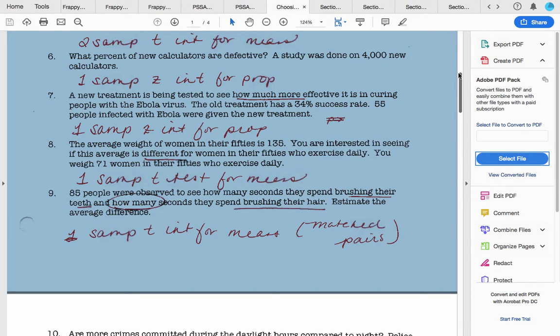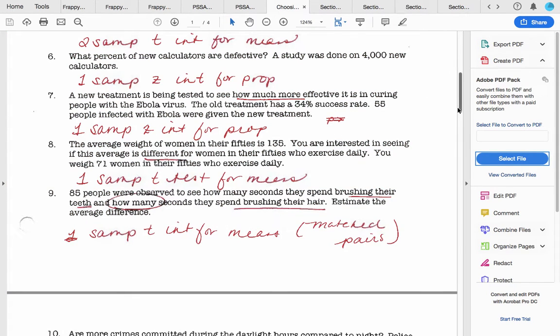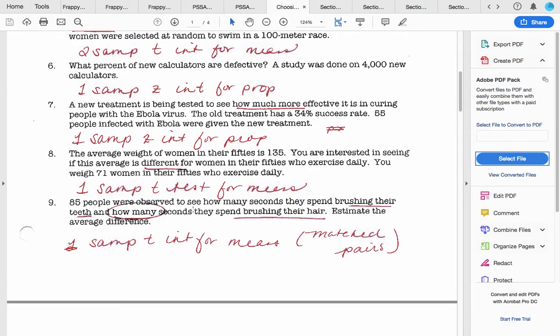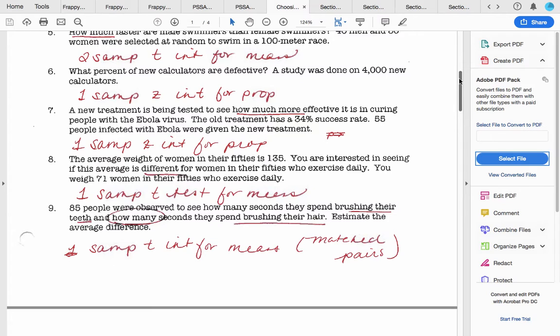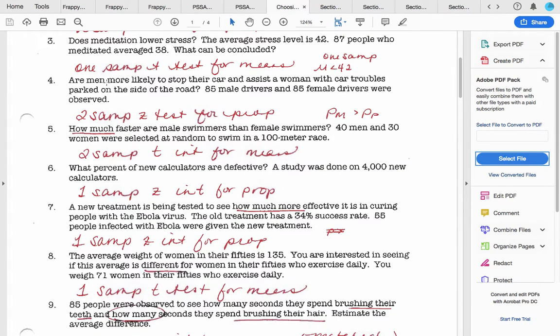These matched pair ones kids kind of get stuck on, so let's look at a how-much one first, and then we'll look at the matched pair. This one says, how much faster are male swimmers than female swimmers? This might spark a debate in the classroom. 40 men and 30 women were selected at random to swim in a 100-meter race.